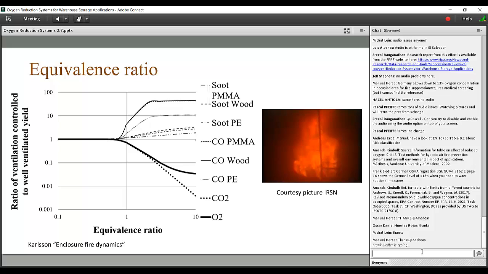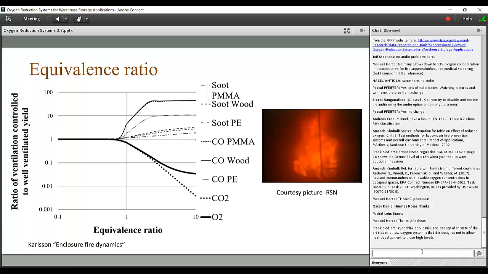Finally, when we talk about hazards, I want to just mention, as a kind of rehearsal from your earlier courses, maybe on fire chemistry or fire dynamics, that for instance the soot, which is given here by the dotted lines for different materials, is increasing when the equivalence ratio also increases, and in this case it's given as the ratio of the ventilation controlled to the well ventilated yield.